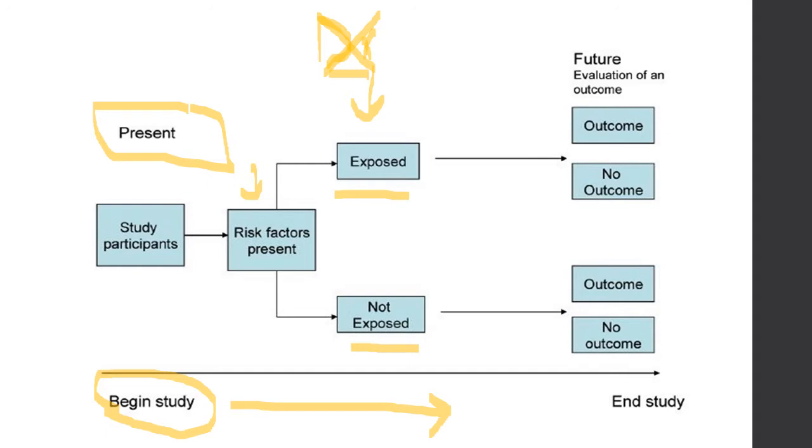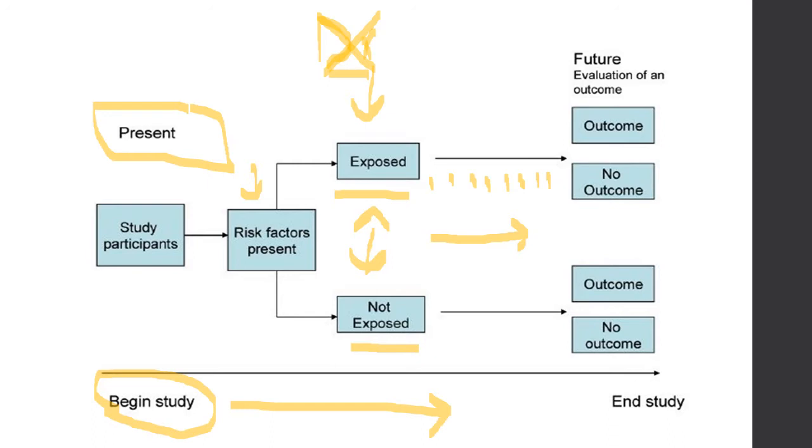So what you do here is that after you have divided your participants into exposed and non-exposed, let's say the exposed are smokers and the non-exposed are non-smokers. So all of them are non-smokers at the start. And then you follow them up in time and you count each one who would develop the outcome of interest during this period.